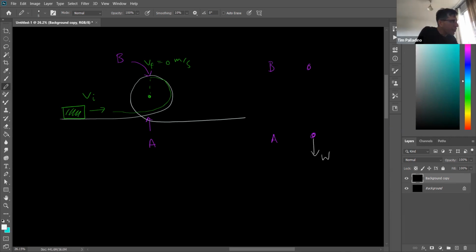I think everyone knows that in both cases, the weight force is going to be pointing in the downward direction. Can someone help me out and tell me what other force is acting on the cart at this point A?